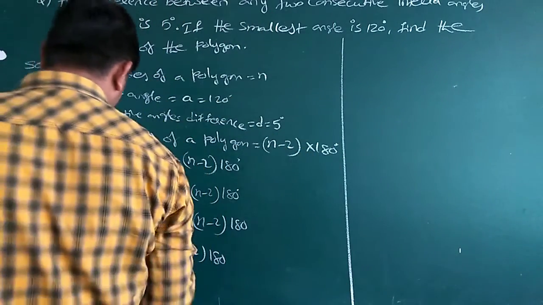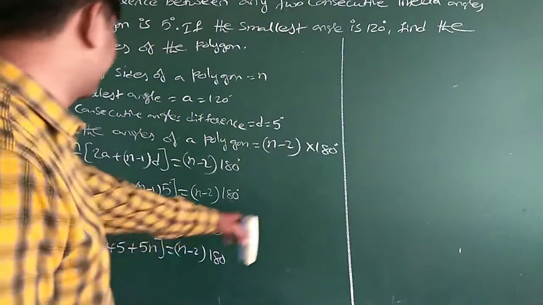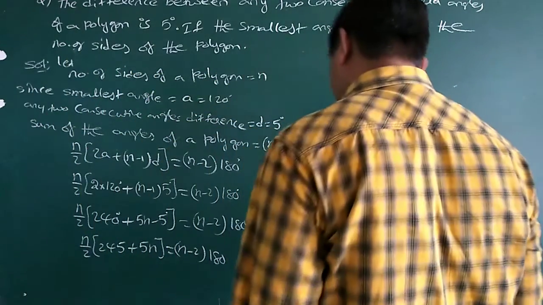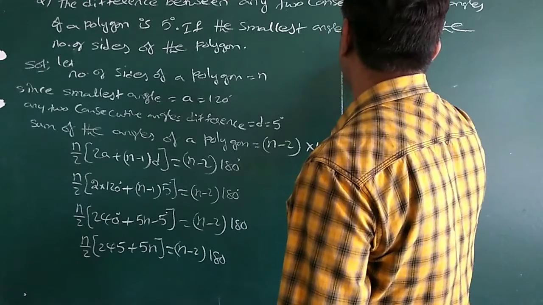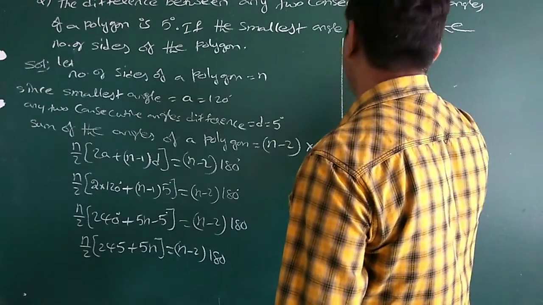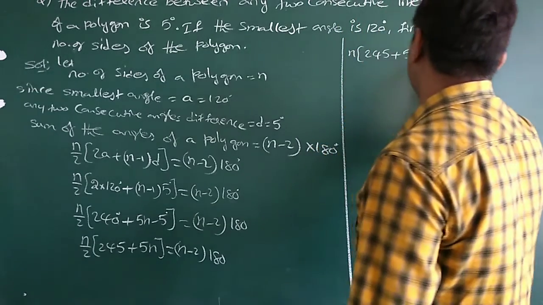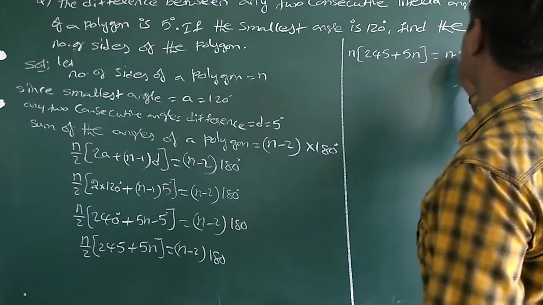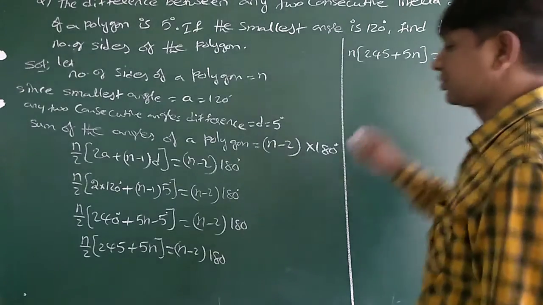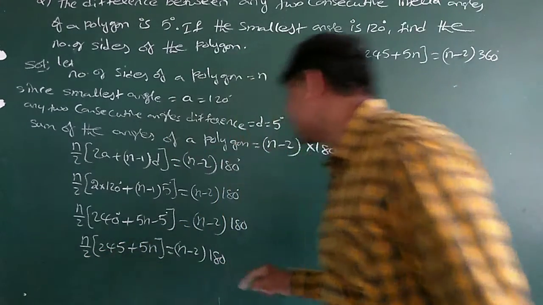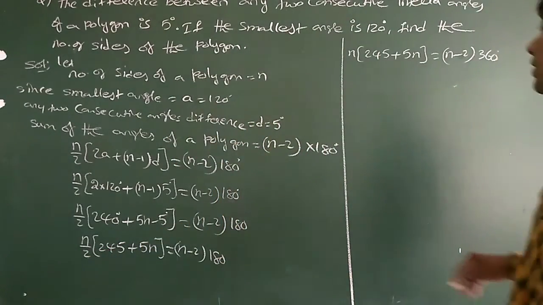This 2 goes to this side, then n into 245 plus 5n is equal to n minus 2 into 360 degrees, because 2 into 180 is equal to 360.